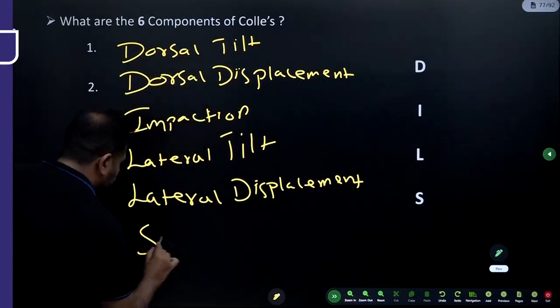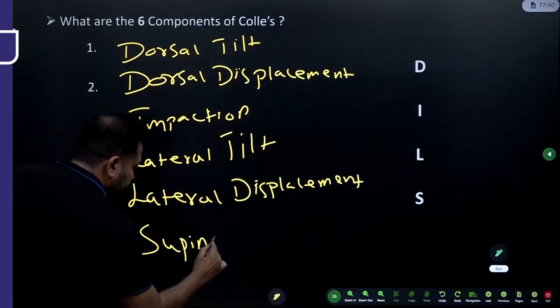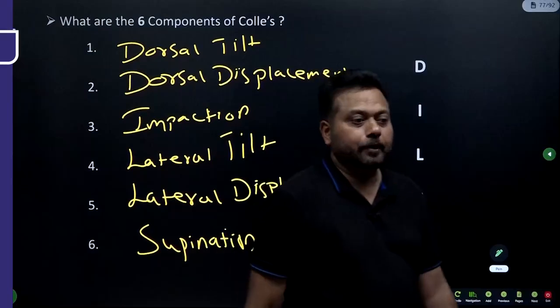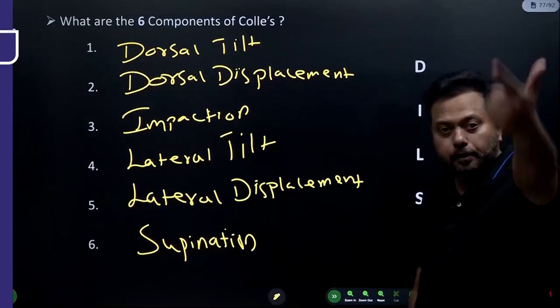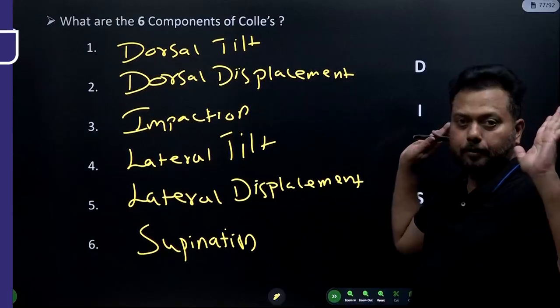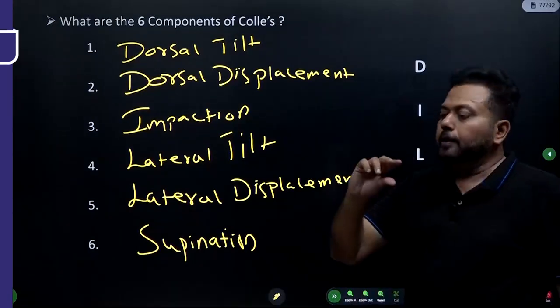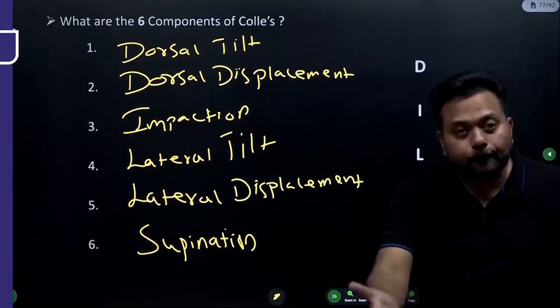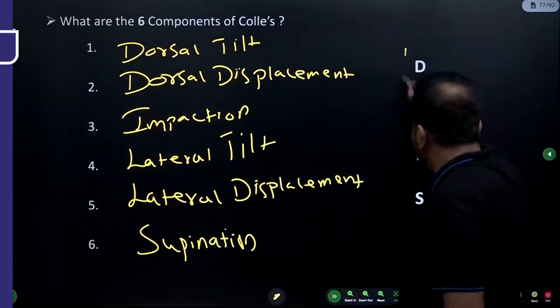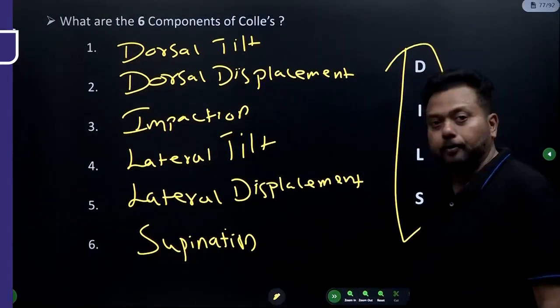And the last one is supination. So the 6 displacements of Colles fracture are dorsal tilt, dorsal displacement, impaction, lateral tilt, lateral displacement, supination. All these correspond to the displacement of the distal fragment. The mnemonic I use to remember is DILS, so that you won't forget.